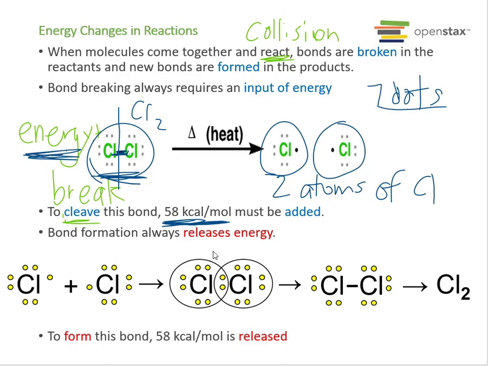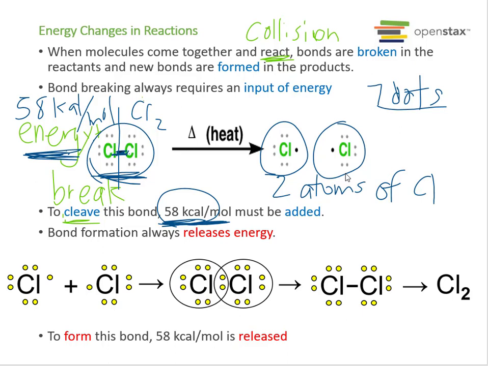So instead of just writing energy needed, we can be specific and say plus 58 kcals per mole is needed to break apart that diatomic chlorine, to break that bond and separate it into individual atoms.